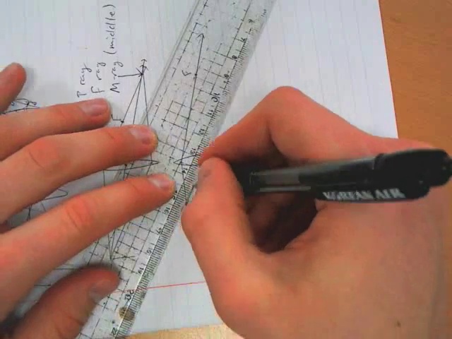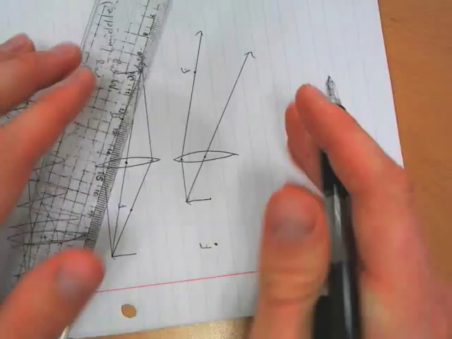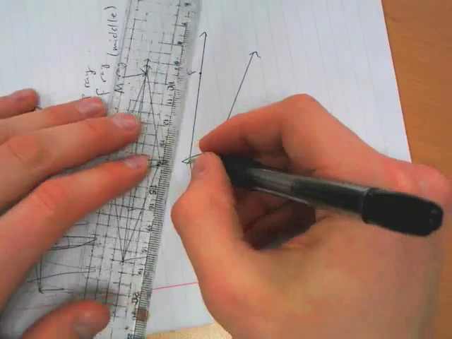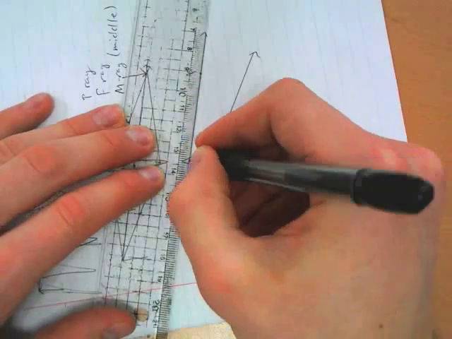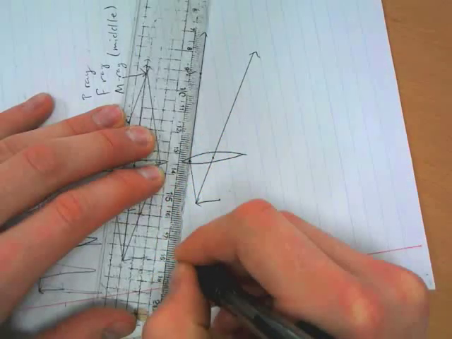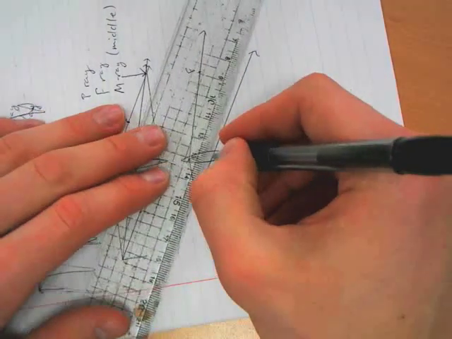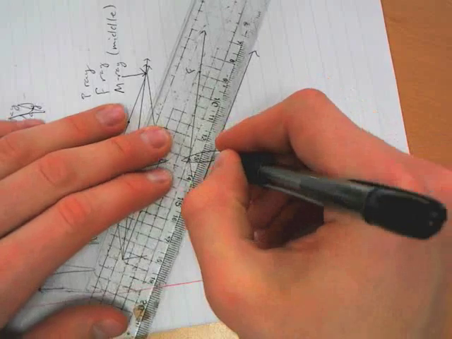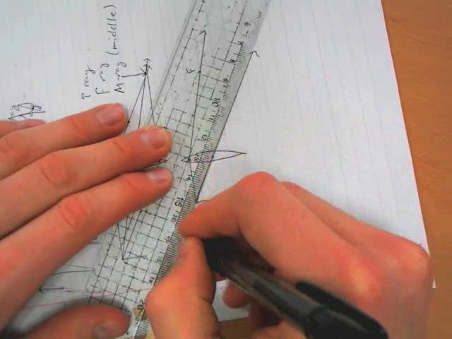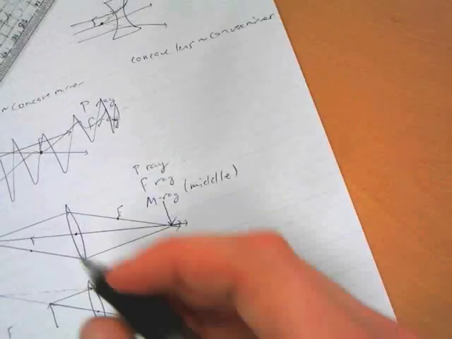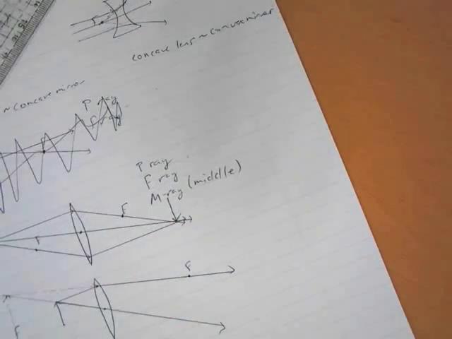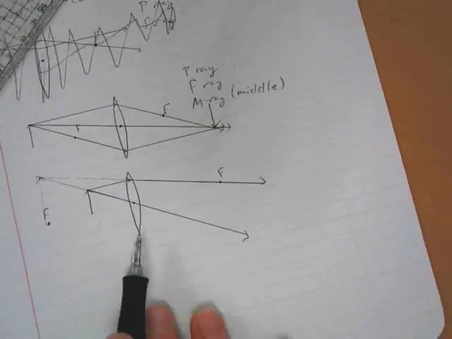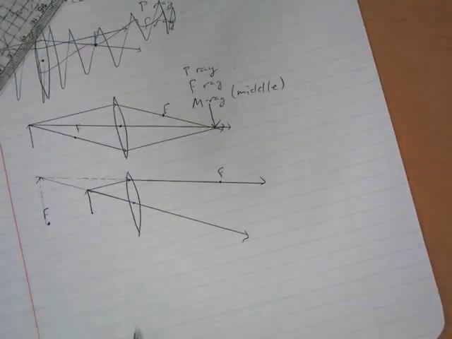You notice in this case these are getting further apart, and so we project them backward. And we can see that if we project them backward, they intersect back here, and our image is formed behind the original object.